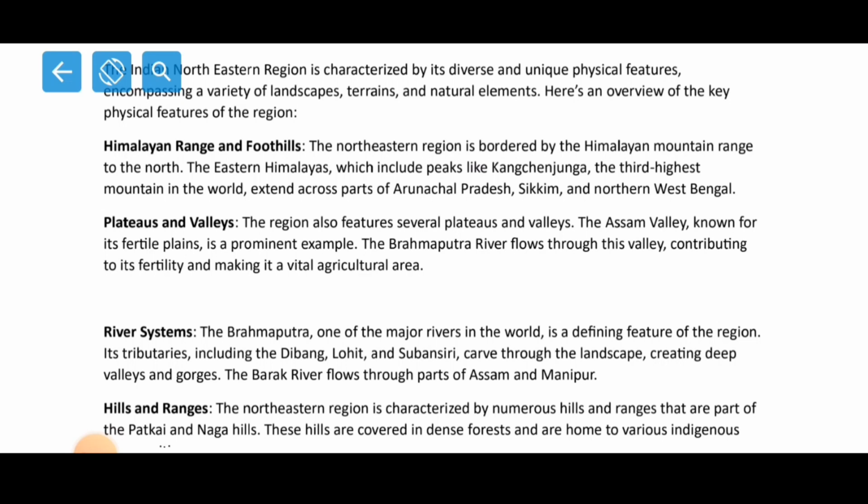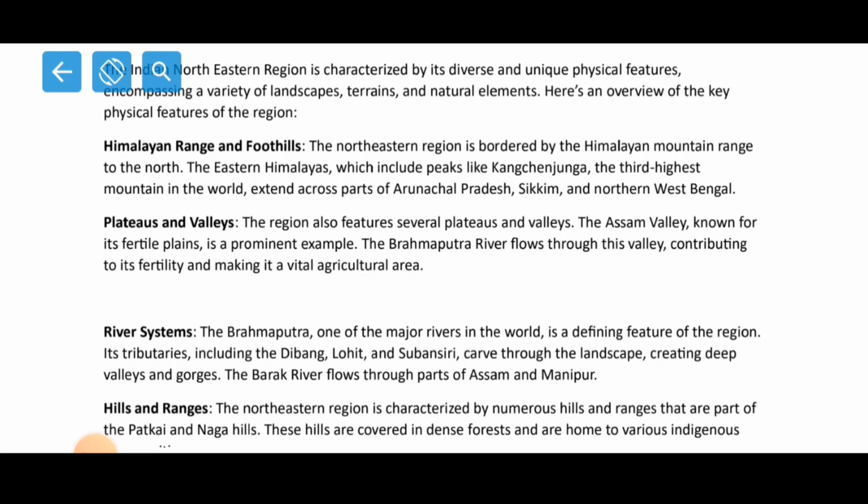So what does it say? It's talking basically about the valleys in Assam. In Assam also we have lots of valleys. Then we have the beautiful Brahmaputra river which flows through the valleys. This Brahmaputra river is a blessing to us because it adds to the fertility of the soil, which in turn helps us do our agricultural practices in a very effective way.